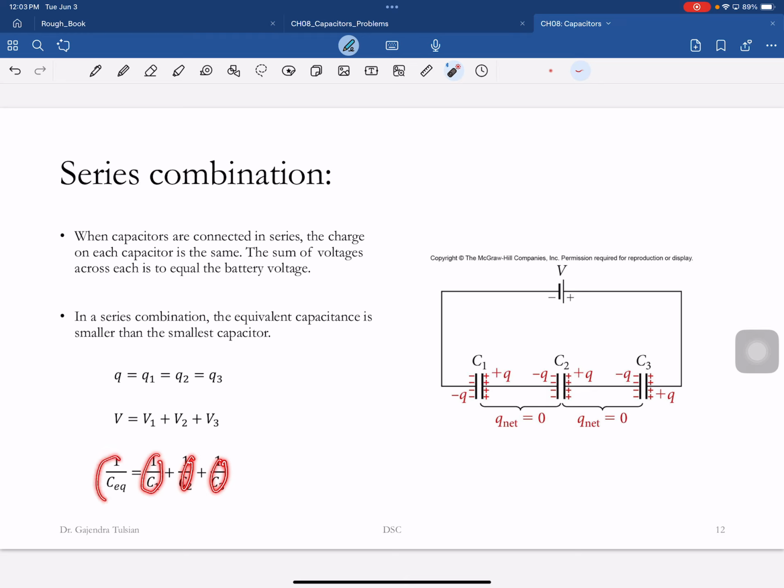So this is the biggest number because it's the sum of these numbers, so this has to be the smallest number. Did you understand? So when you connect capacitors in series, the effective capacitance is smaller than the smallest one.